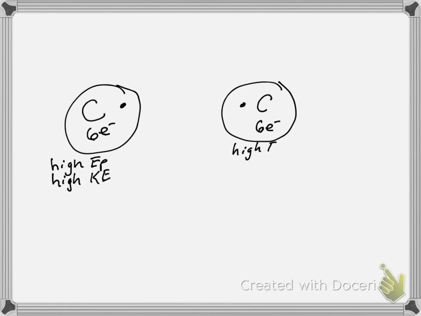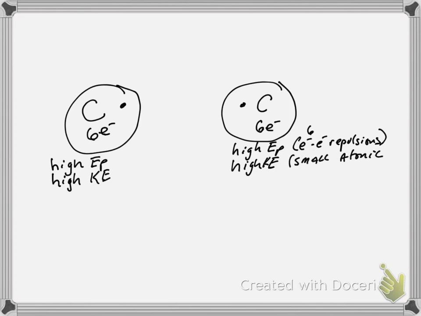Why is that? Because there are electron-electron repulsions of 6 electrons, and there's a small atomic orbit. This is true for both.